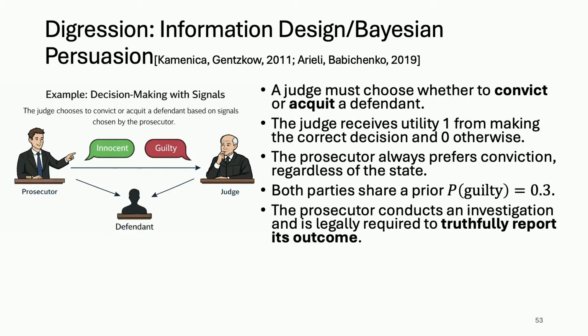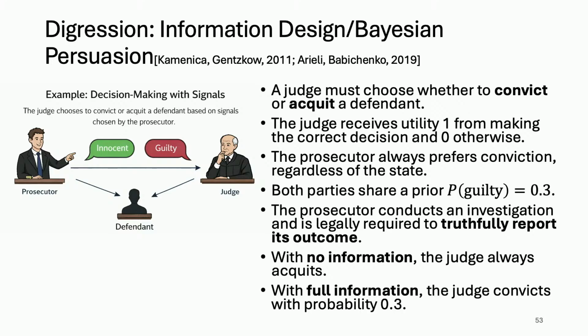With no information, where the prosecutor just did nothing about the investigation, the judge will always acquit because only 30% of the defendants are guilty. So the best action for the judge is just to acquit everyone if they only have this prior information. And with full information, the judge knows exactly the state of the defendant. Then the judge will convict with probability 0.3.